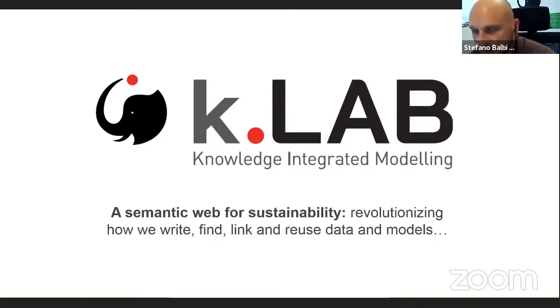It's a software stack comprised of many features that I'm going to try to explain as much as possible. And the final aim of this technology is to completely change the way we do modeling. Instead of starting from scratch from our own desktop, to basically use a network of knowledge that is already available and which we can reuse.